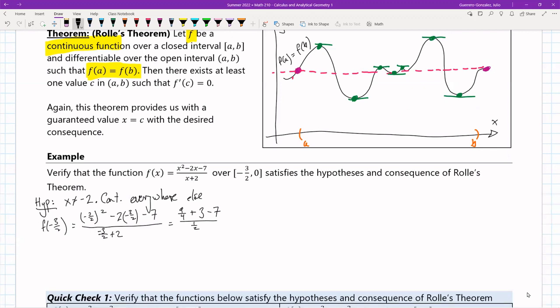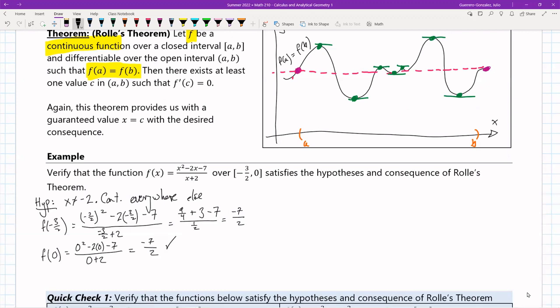If you do this all right, you should get that this should be -7/2. If we do f of 0, we get 0 squared minus 2 times 0 minus 7 over 0 plus 2. You can see all this is going to be -7/2. We're good to go.